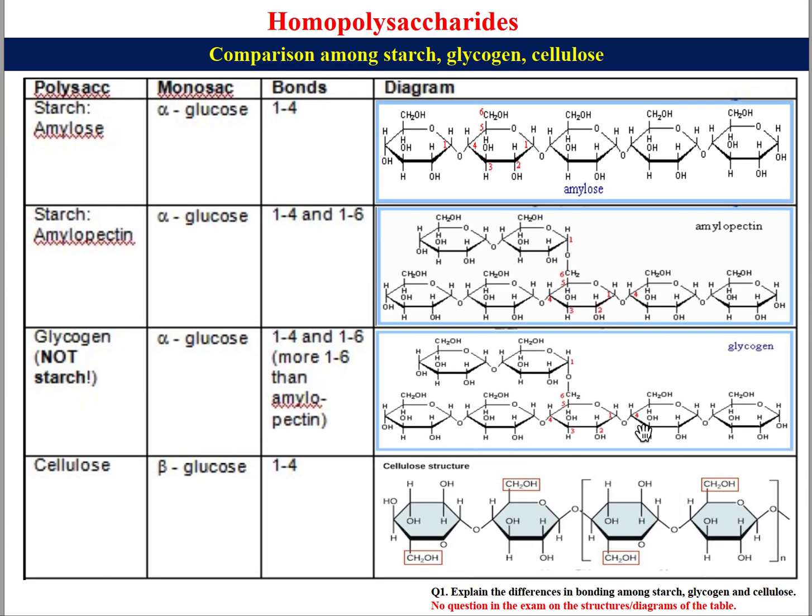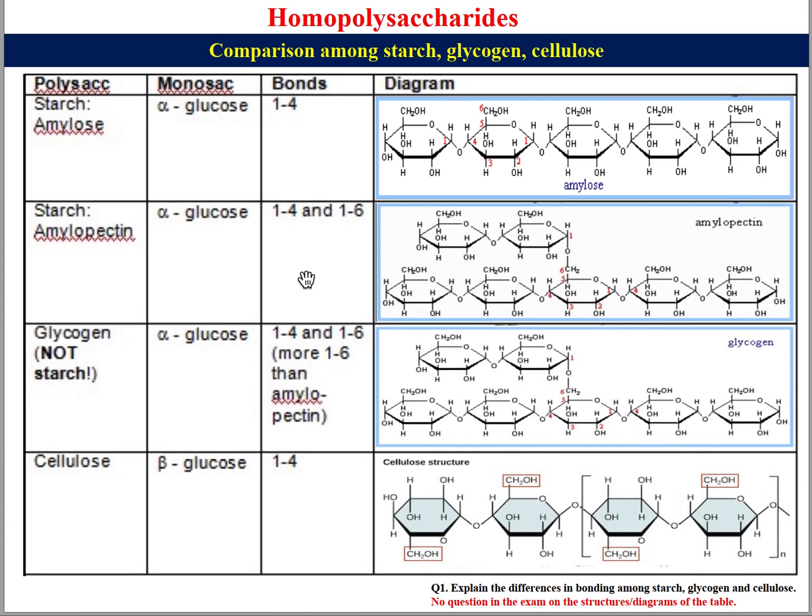And here are the types of bonds found in each type of macromolecule. In the case of amylose, the monosaccharide unit is only alpha glucose, and they make alpha 1,4 linkages. The other part of starch is amylopectin, which is composed of alpha glucose and contains both alpha 1,4 and alpha 1,6 linkages. These are alpha 1,4, but this is an alpha 1,6 linkage.